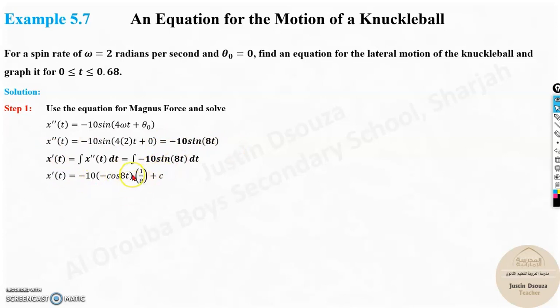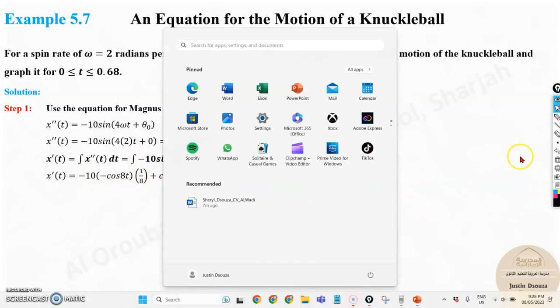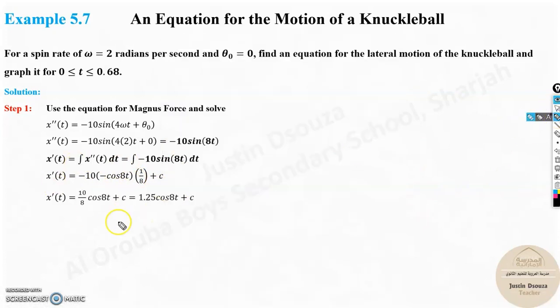Now, if you're wondering how you get this, can you directly integrate sine? Okay, the integral of sine is negative cos. Fine. But how do you do it with 8t? You have to do u substitution. So now I want you all to start u substitution and try to do this. I'll tell you the basics of u substitution over here. It'll be u equals 8t.